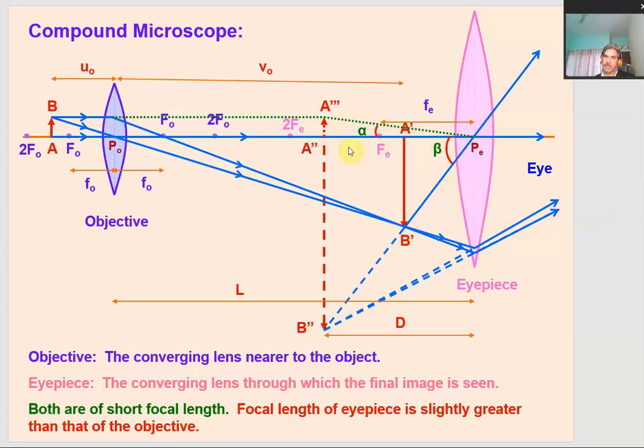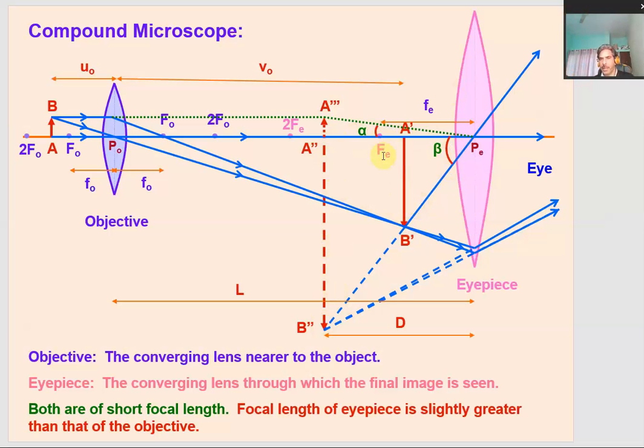Whenever we want the final image on the same side of the lens at the least distance of distinct vision, meaning at some finite distance, the final image will be a virtual image, and this is possible whenever this image, which acts as the object for this eye lens, lies within the focal length of the eye lens, which is called Fe.